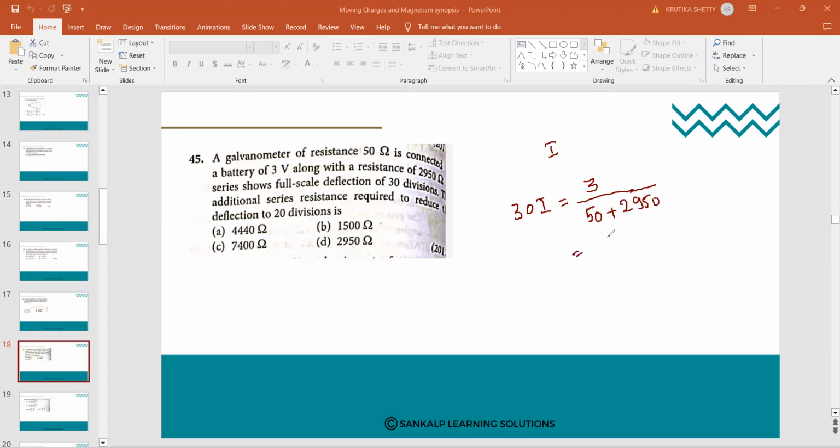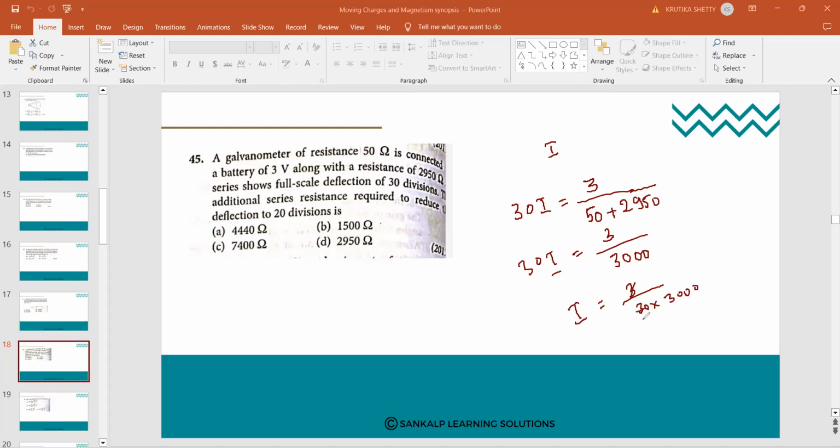Therefore it is 3 divided by 50 plus 2950, which is 3 divided by 3000, correct? So this is 30 into I. Therefore, I is equal to, you can take 30 to this side, it will be in the denominator. So it becomes 3 divided by 30 into 3000.